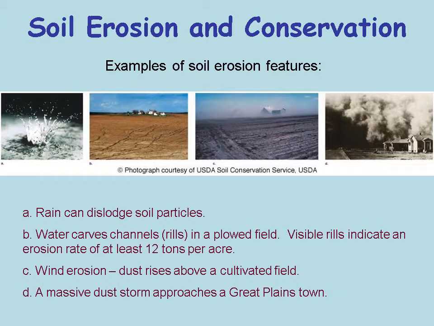Well, you get enough of that and pretty soon you get something like on the picture on the second from the left, and you get rivulets coming down through the land. That land was left bare. Probably shouldn't have been, but it was. And so you get channels carved on a plowed field. You can use a type of plowing that leaves vegetation at the top of the field, and it breaks that up so you don't have water being carried away, or water carrying soil away.